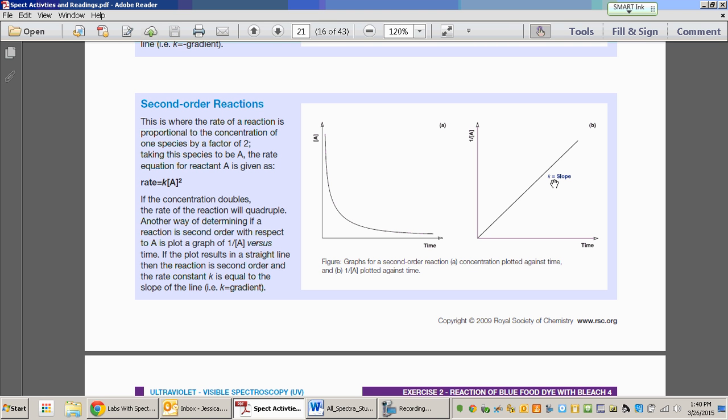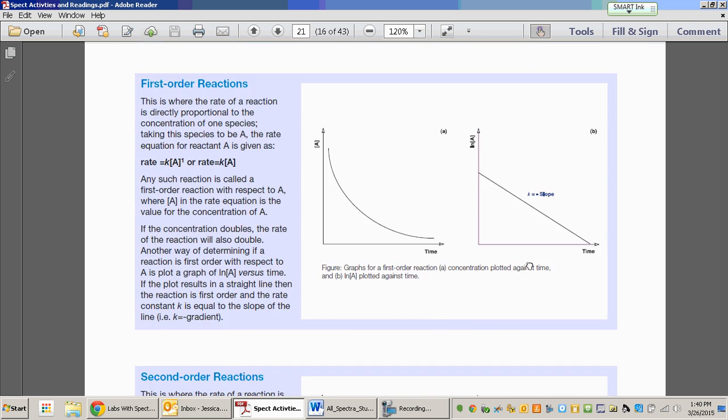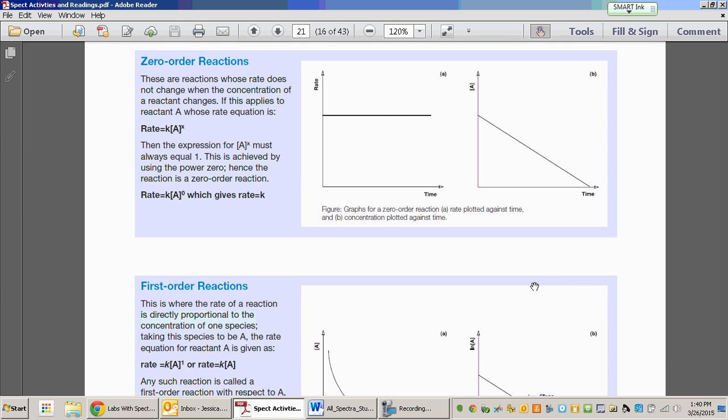Okay, so scroll back up to zero order. I don't know if you guys remember this, kinetics was last year. We had the crystal violet lab, the purple stuff. You bleached it with sodium hydroxide. The crystal violet was a deep violet purple, and as it reacted with sodium hydroxide, the purple color faded away.